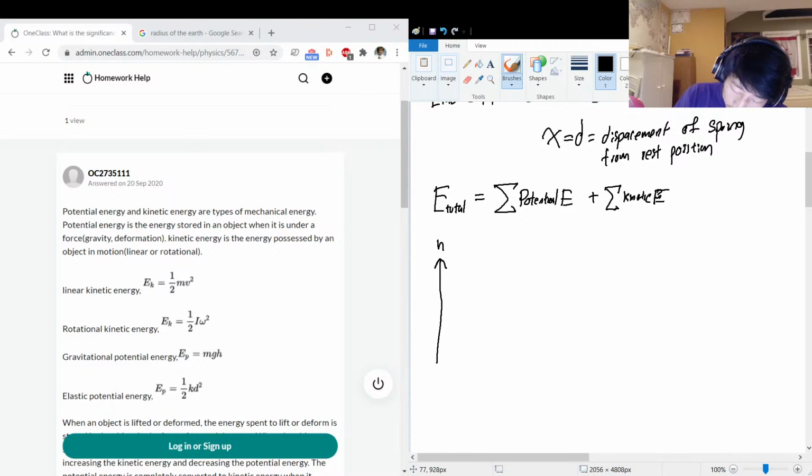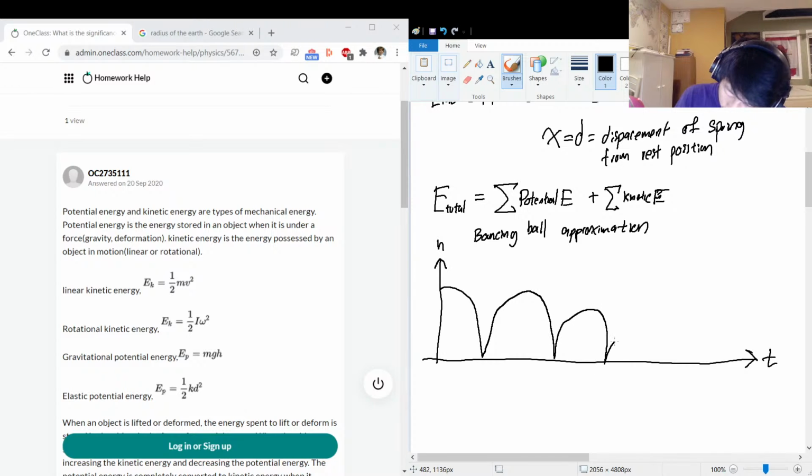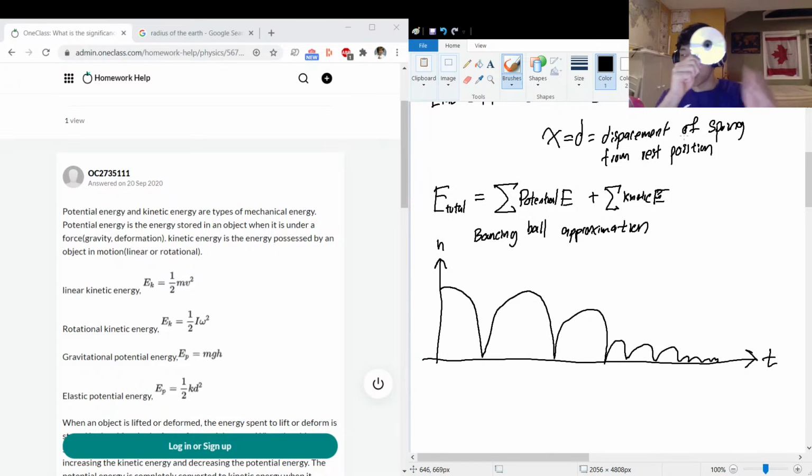So if we have this is height and this is time, bouncing ball approximation, let's say we started up here, we drop the ball, it bounces a little bit, bounces, and the height of the bounce is going to keep on getting smaller and smaller and smaller.